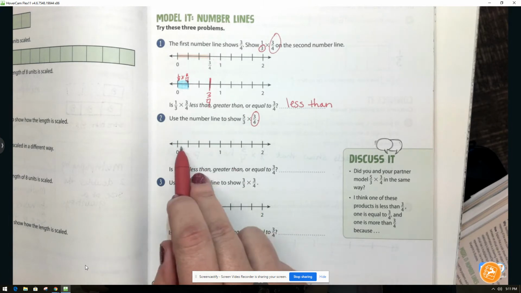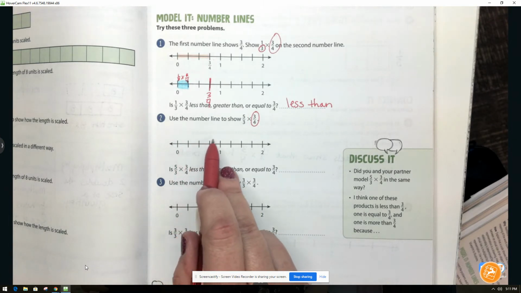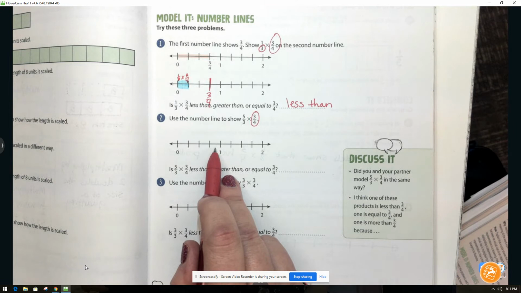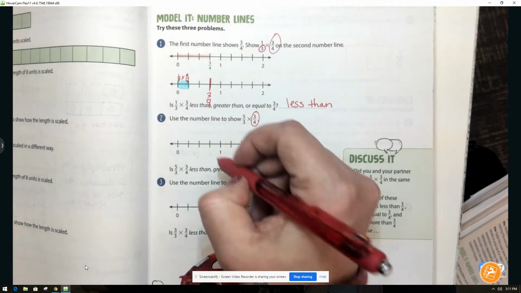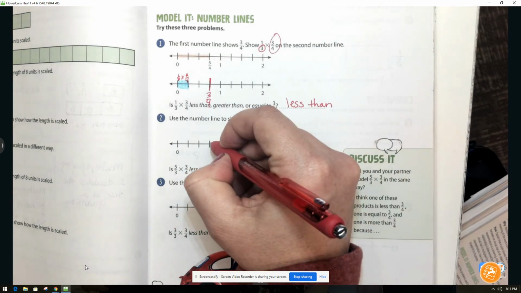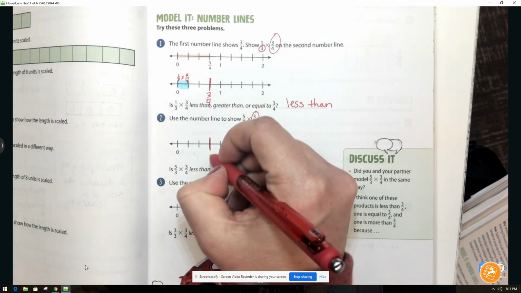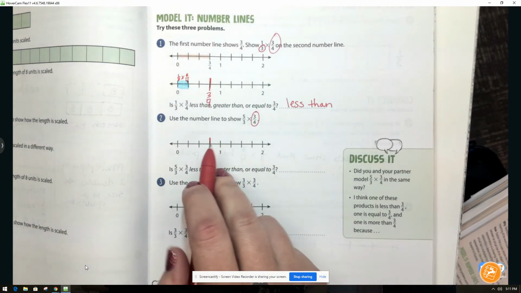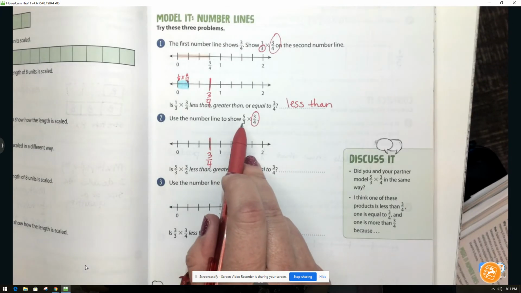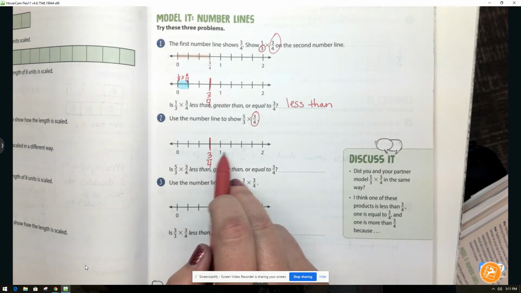Each whole is broken into 1, 2, 3, 4 equal sections. So 3/4 is at the same place it was on the top 2 number lines. It is at this mark here. That is 3/4.